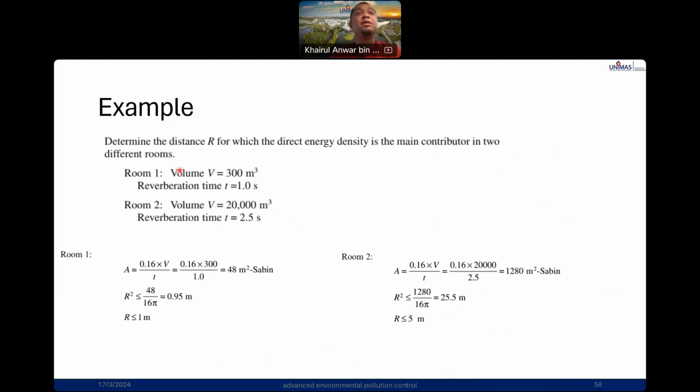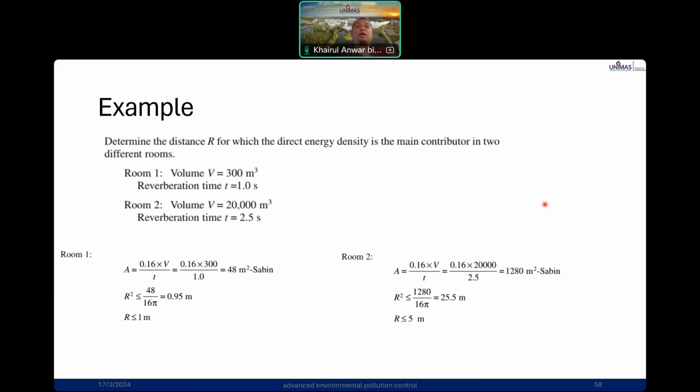For example, determine the distance R for which the direct energy density is the main contributor in two different rooms. We have room 1 with a volume of 100 cubic meters and room 2 with a volume of 20,000.